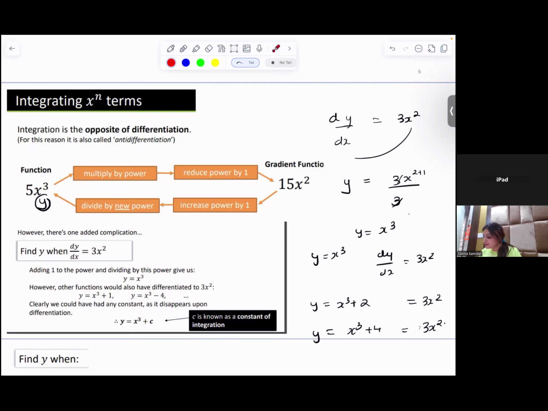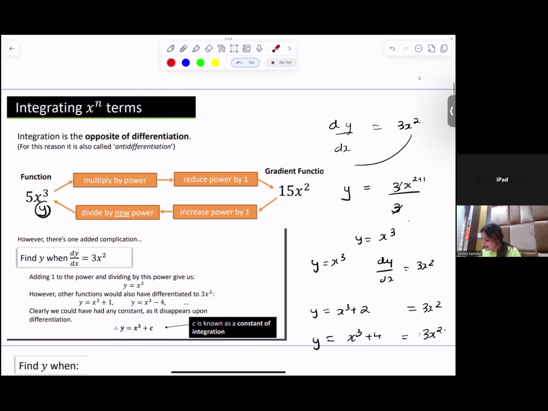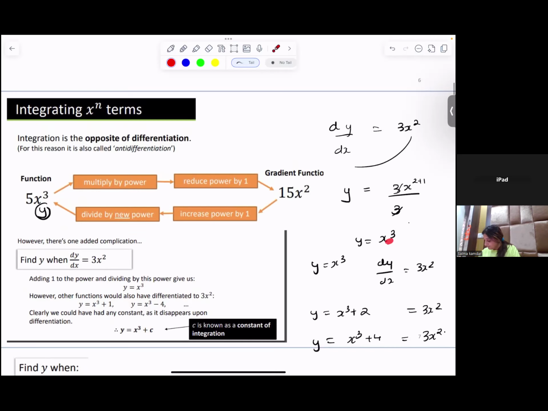So we really do not know, when going from the gradient 3x squared to the function y, what the constant is. Was there any constant, 2, 4, 5, 6? Was there any constant or was there no constant?